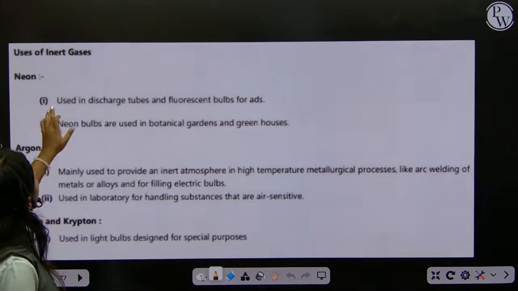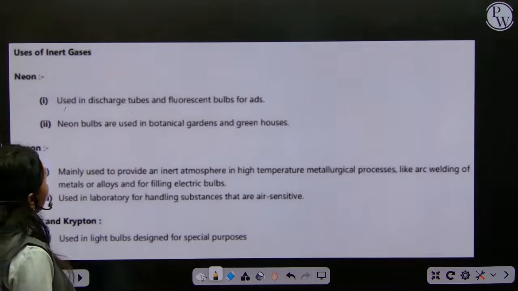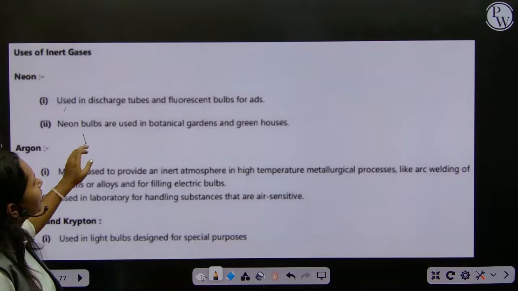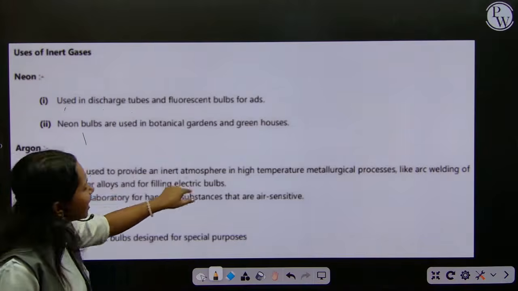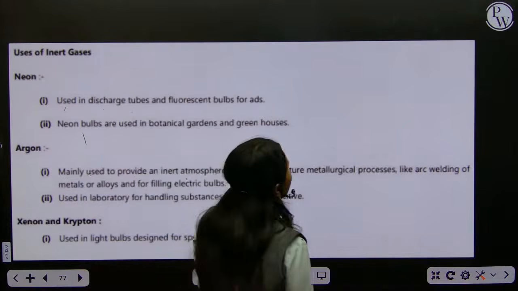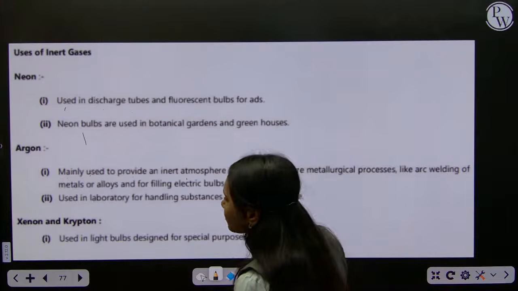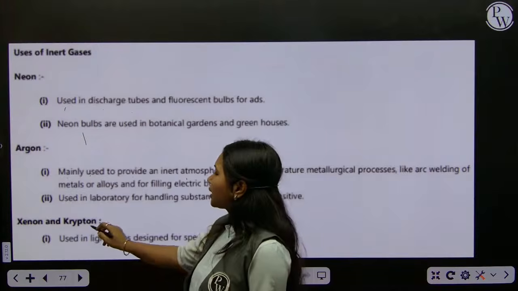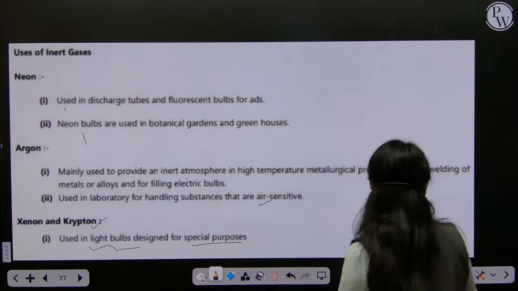After this, used in discharge tubes and fluorescent bulbs. Neon bulbs are used in botanical gardens, mainly used to provide an inert atmosphere in high temperature metallurgical processes like arc welding. Used in labs for handling substances that are air sensitive. What are the uses of xenon and krypton? Used in light bulbs for specific purposes.